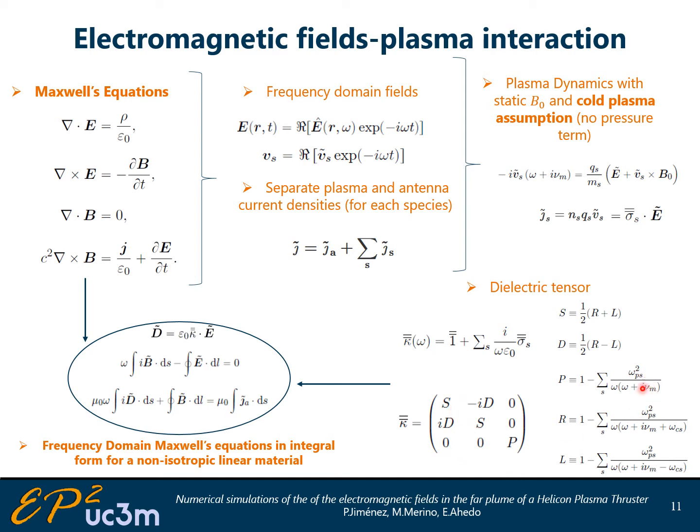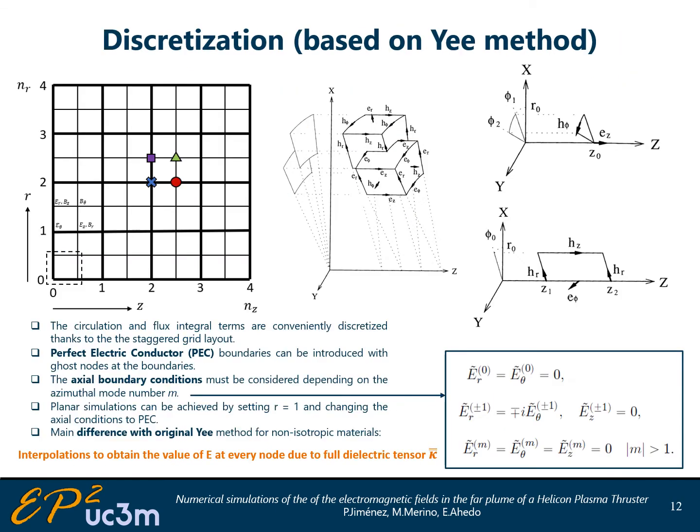Here we are using this dielectric tensor, and the dependency with the plasma parameters can be seen inside this tensor. Here we have the plasma density modeled by the plasma frequency. We also have the cyclotron frequency that is dependent on the magnetic field and the effective electron frequency. We will rotate this tensor in space to account for the direction of the static magnetic field created by the coils. A convenient discretization is used for the circulation and flux integral terms in the system of equations.